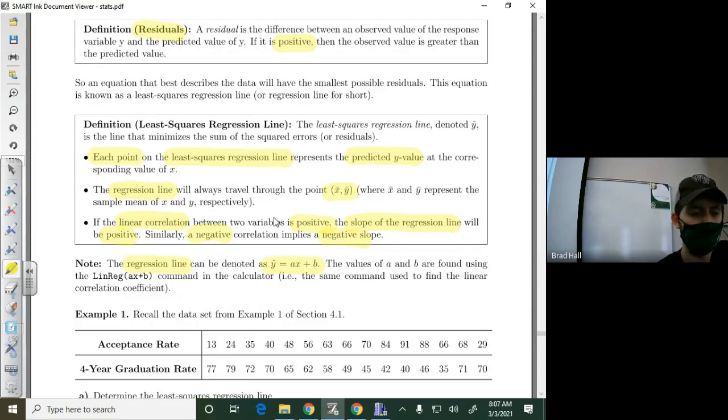And as I mentioned, the linear regression command in the calculator, which is exactly the command that we've used to find the correlation coefficient, we're going to use throughout this section as well to find the regression line and the coefficient of determination.